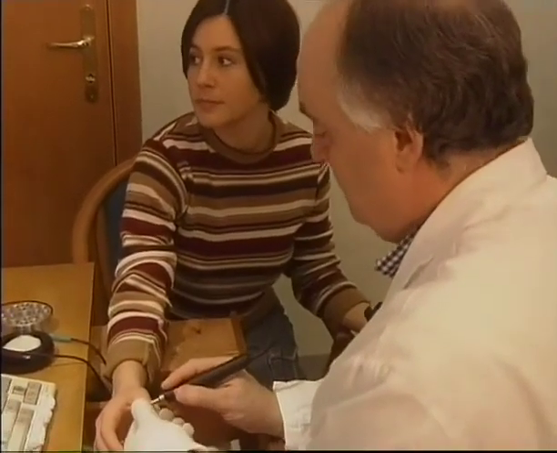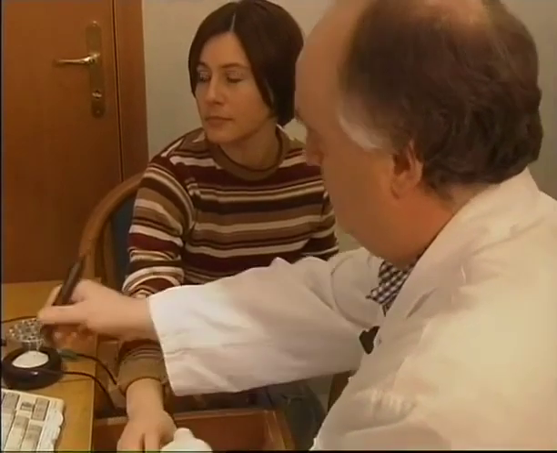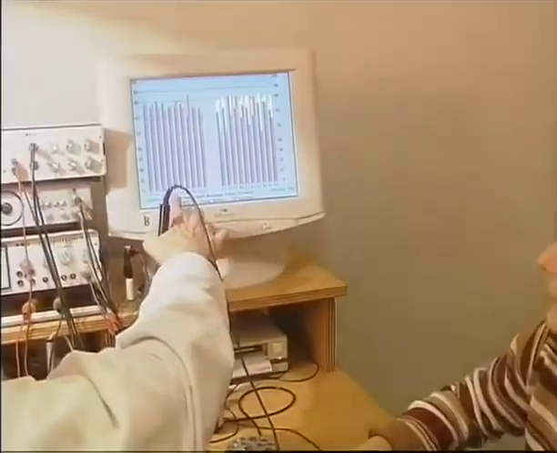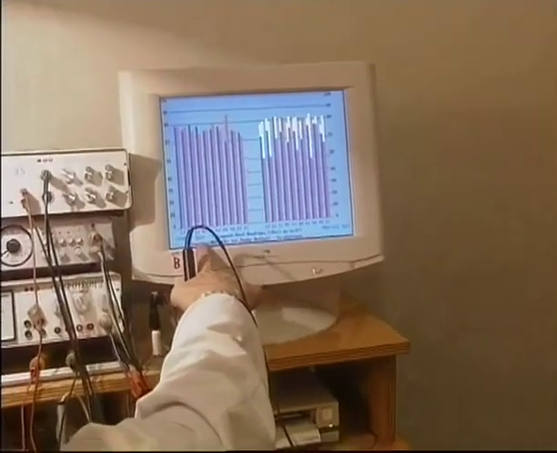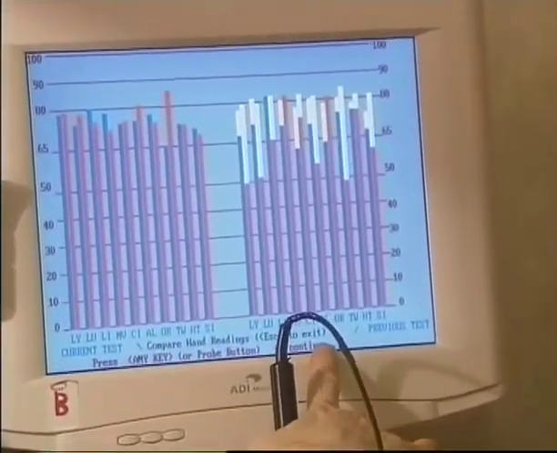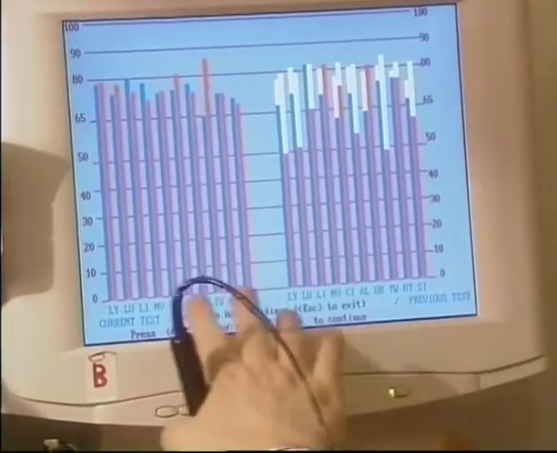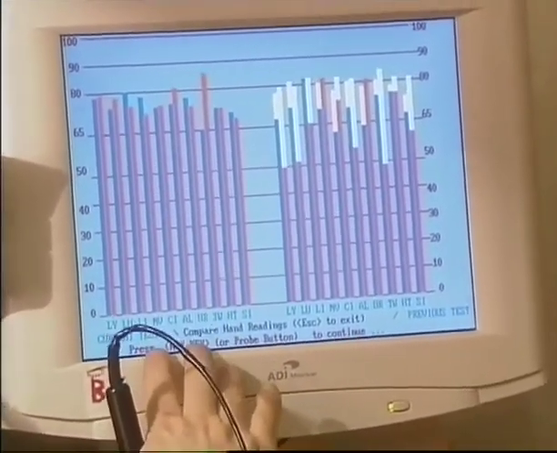Now we're redoing the test after that, after the treatment. Here on the left are the results of the latest test after the treatment. This is before the treatment, after the treatment. I could not even prescribe a treatment at the moment because, to all intents and purposes, she's cured.